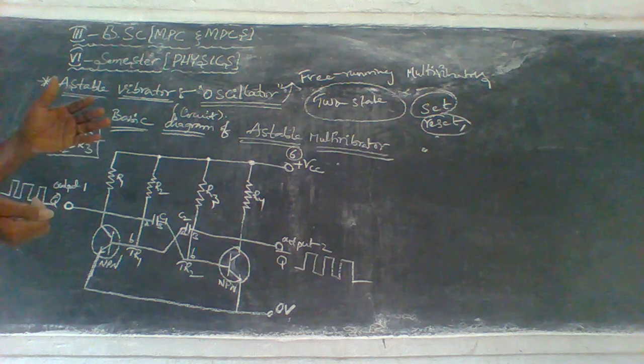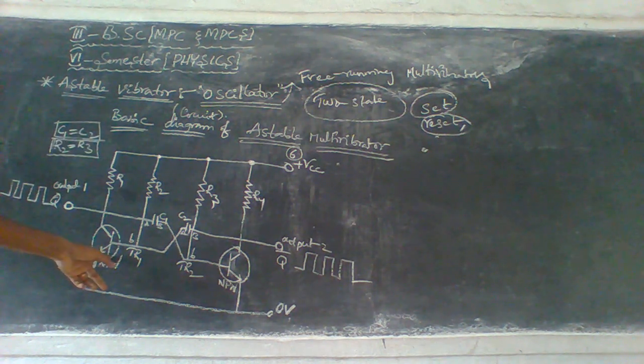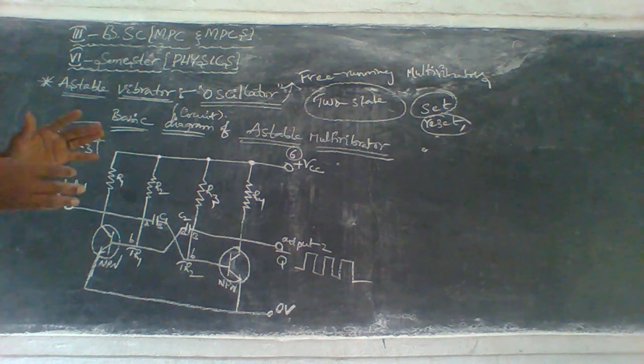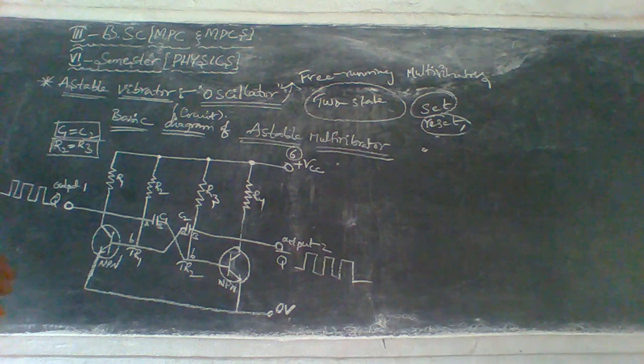Since TR1 is in cutoff, it conducts no current, so there is no voltage drop across load resistor R1.